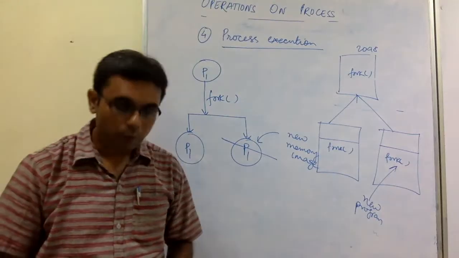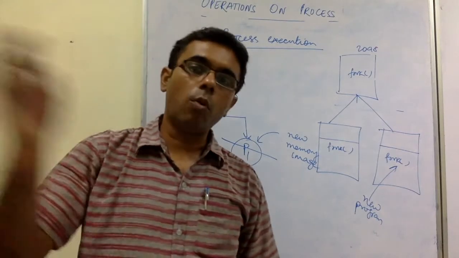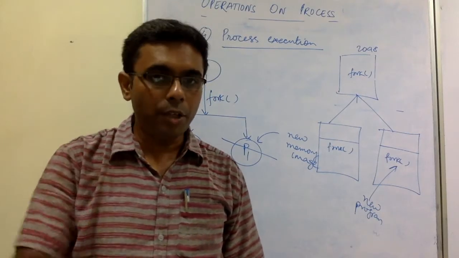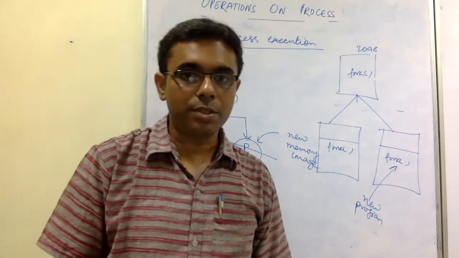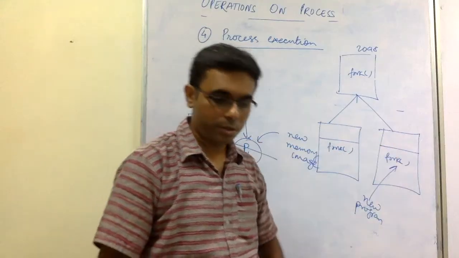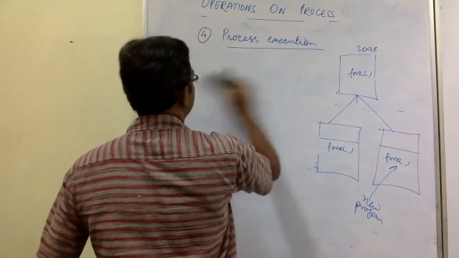So you first fork, create a clone of the previous process, and then you override that new process by a new program. So there we have a new code and data which has replaced the code and data segment of this child process. So let's see this by code to understand this part.